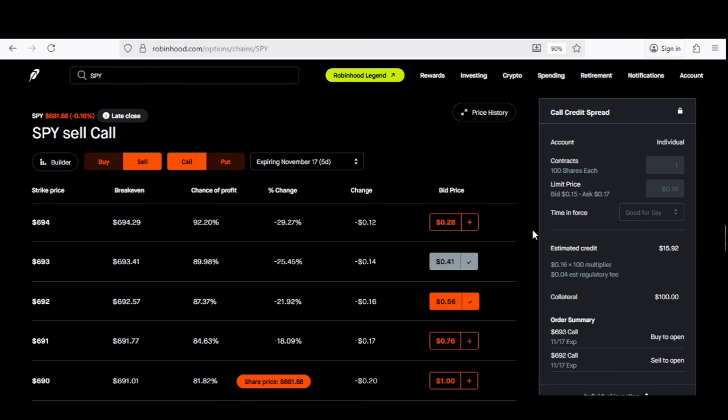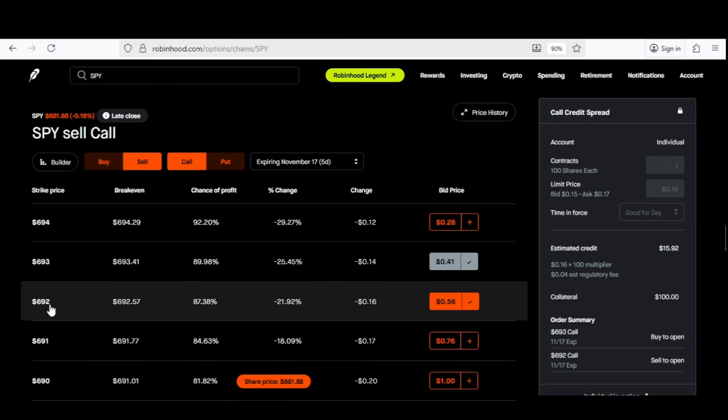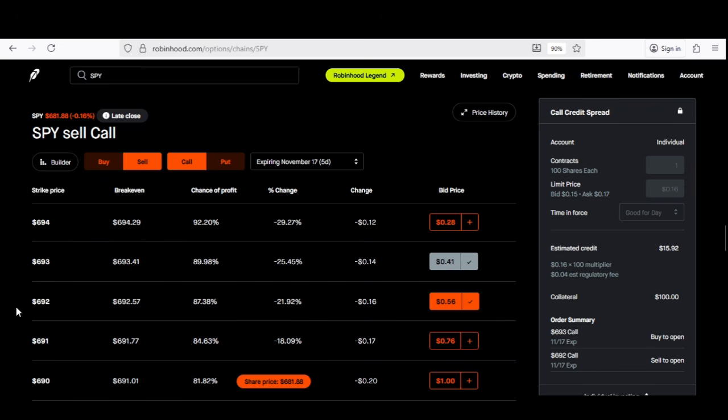Now, there's a couple of ways in which this trade could go. This is the one you want. Come expiration date of November 17th, ideally, you want this share price here to remain below this 692 price here. The 692 price right here, remember, that's your sell call price. Once this share price stays below your 692 strike price, then you get to keep your $16.